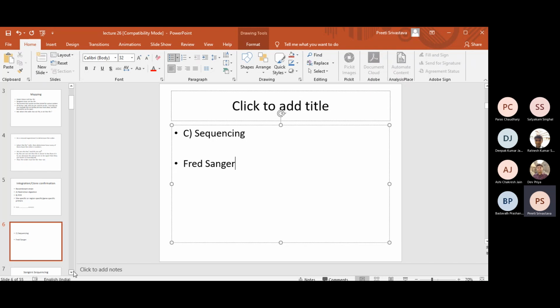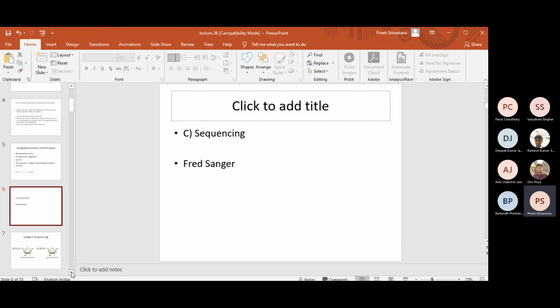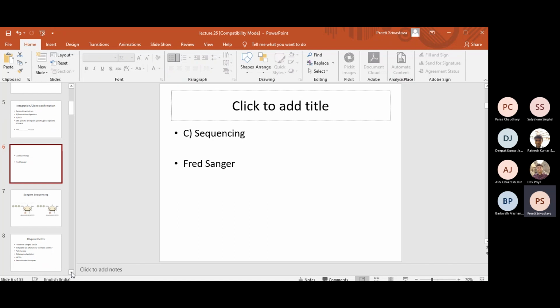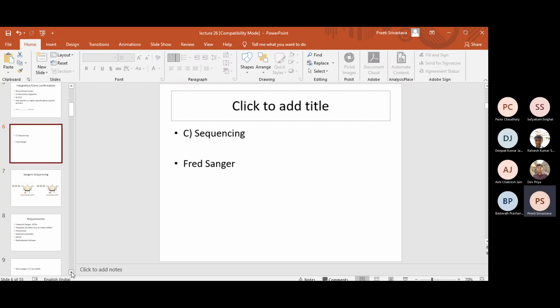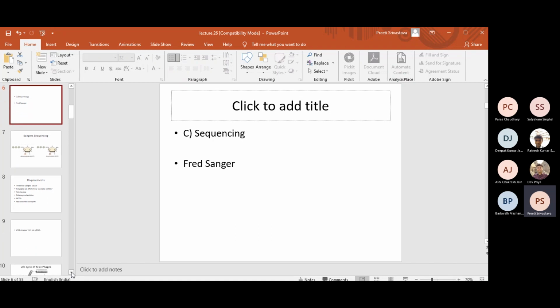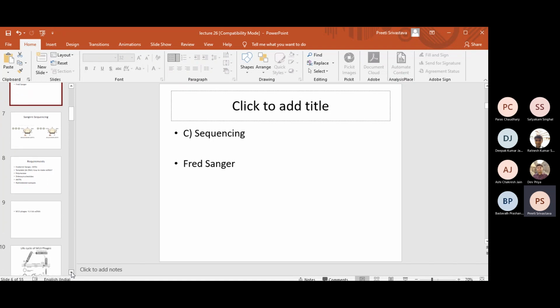What he proposed was that we can use dideoxynucleotides and carry out sequencing. So let us see what these dideoxynucleotides are and how we can carry out sequencing.